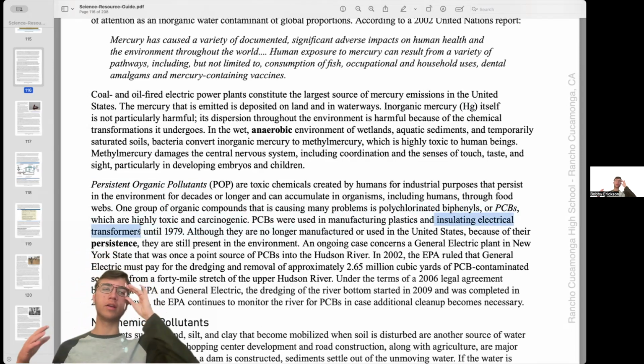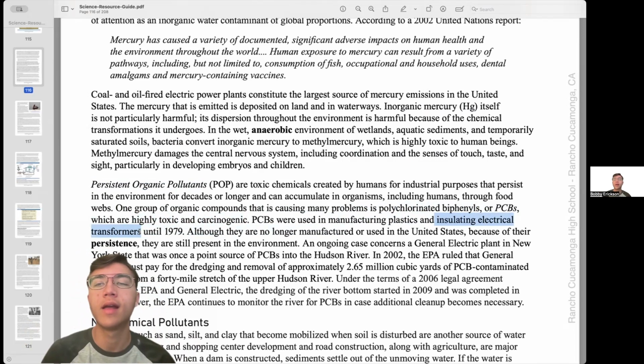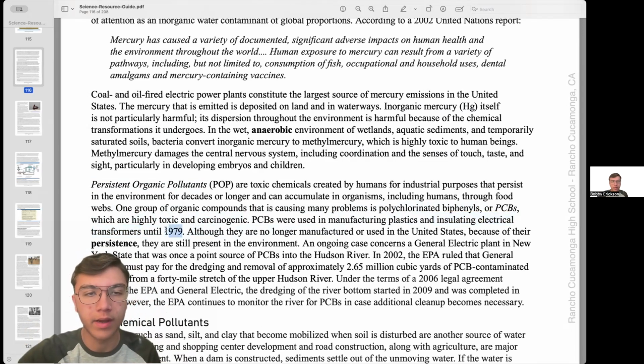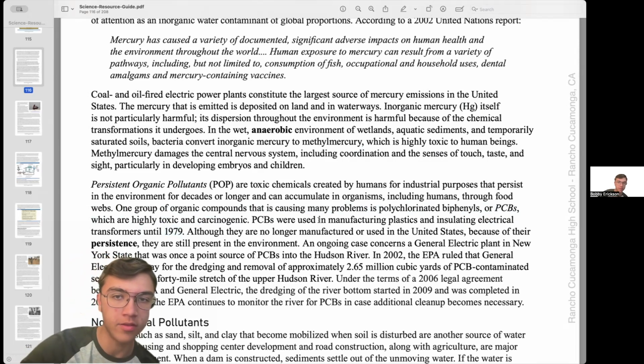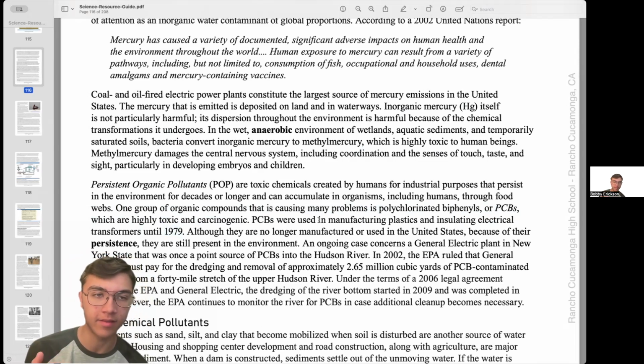So question, until what year were PCBs used in insulating electrical transformers? Well, 1979. But we need to remember this date because what if there's a question on it? But another very important thing to note is that it's used in manufacturing plastics and insulating those electrical transformers. So plastics and transformers use PCBs, which cause cancer and are toxic.